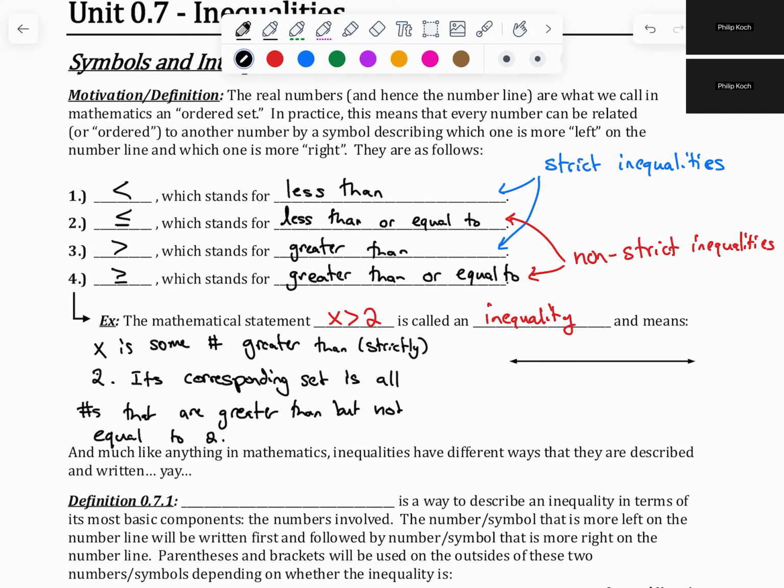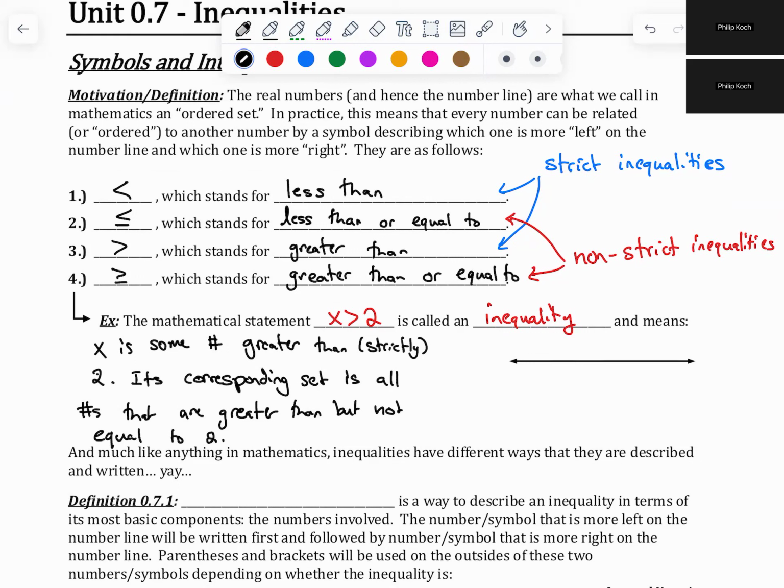If you're looking for the set of all answers to that inequality, that would be all the numbers that are greater than but not equal to 2. 2.01, 2.0001, 2.5, 3 billion, all those numbers are part of the set.